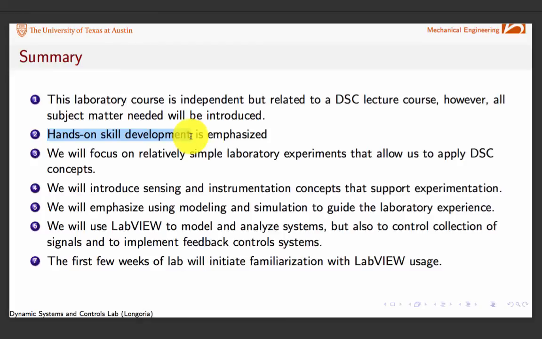For that purpose, we have the hands-on quiz at the end, and as you saw, the experiments are relatively simple, but hopefully they're useful in demonstrating some advanced concepts and introducing sensing, instrumentation, modeling and simulation, and so on. So in the first few weeks of this lab course, we will be introducing the LabVIEW software and its usage, and you'll see that in a related first lab.